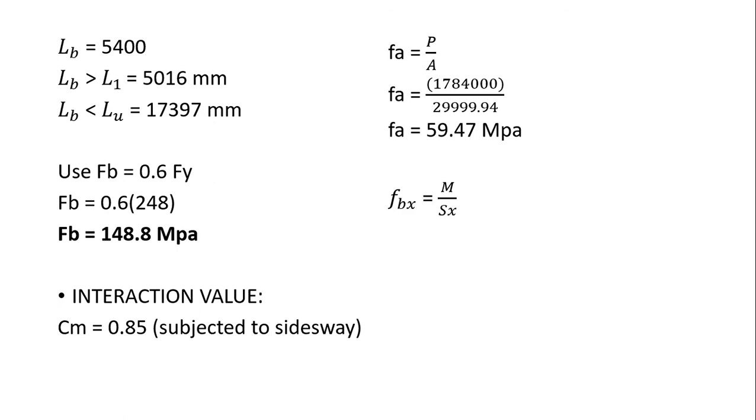Then FBX equals M over SX. So FBX is equals to 272 times 10 raised to 6 over 4,146 times 10 raised to 3. So FBX is equals to 65.61 MPa.